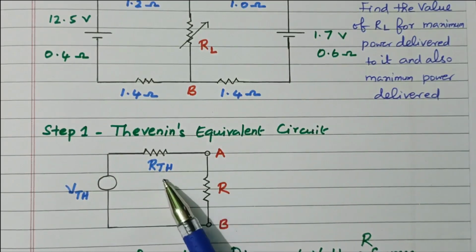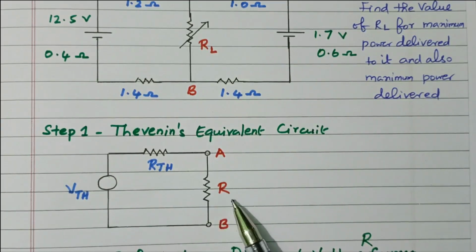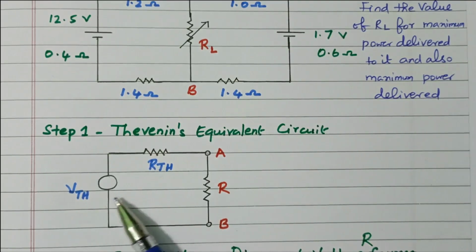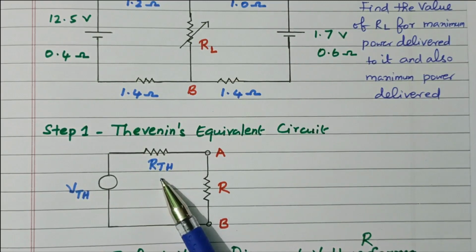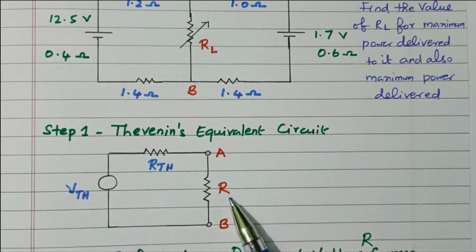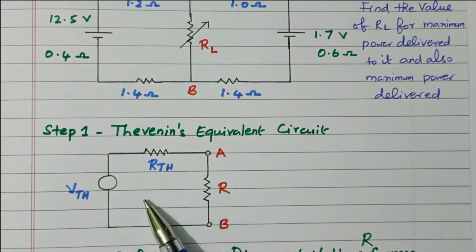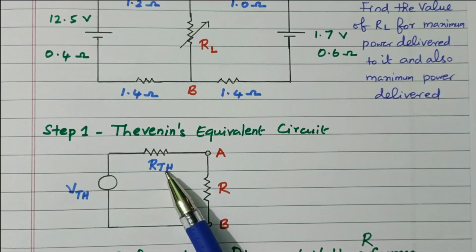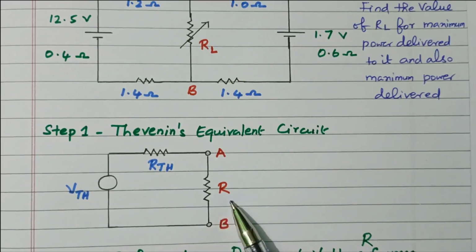The R value is RTH. The maximum power delivered to the load is VTH squared divided by 4 times RTH. By finding the Thevenin equivalent circuit, we can easily calculate R as well as the power delivered to R, because the condition is that internal resistance equals load resistance.